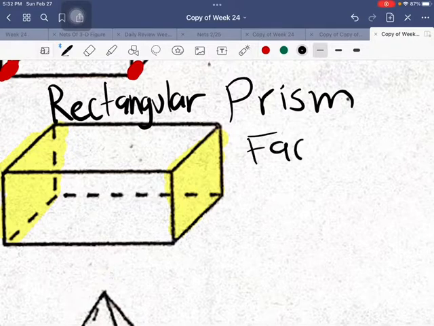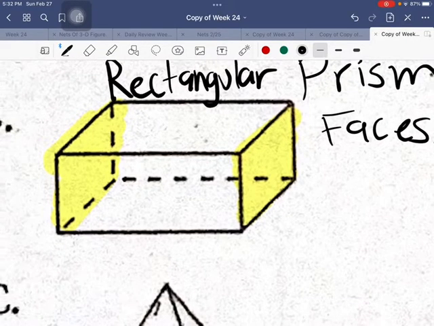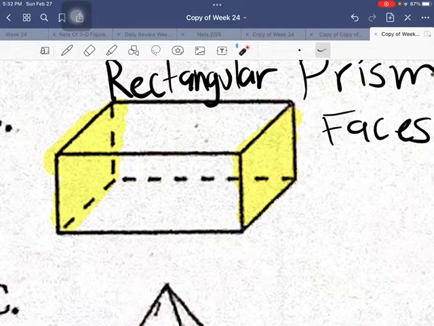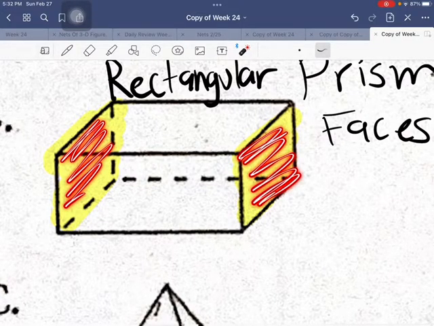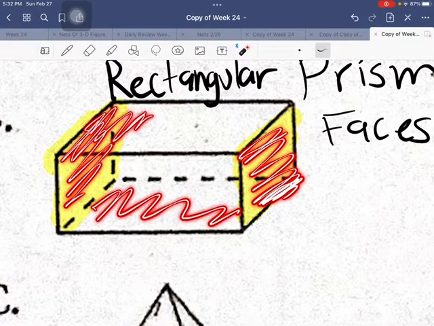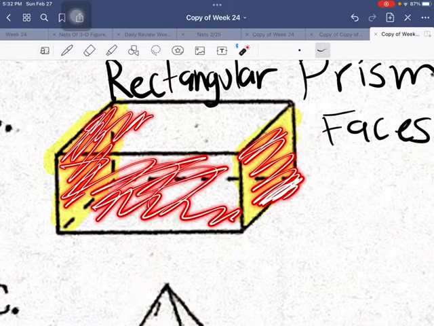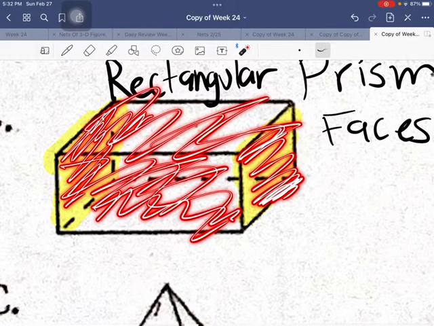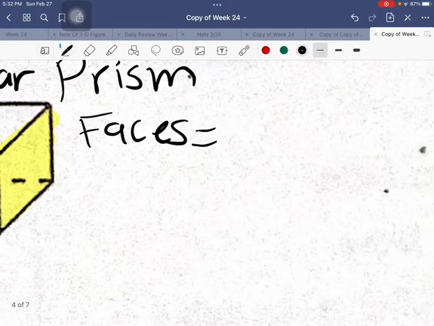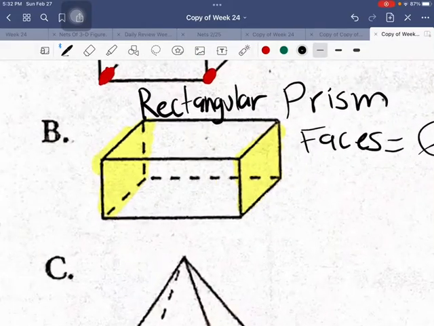Ahora, how many faces does this one have? Bueno, pues vamos a ver, mira. Los lados, 1 and a 2. The top, the bottom, the front, and the back. How many faces was that? I think 6, correct? Yeah.